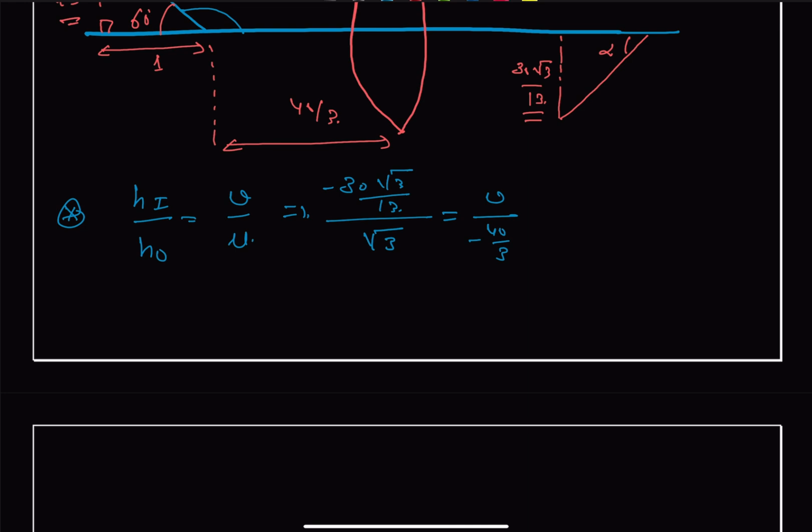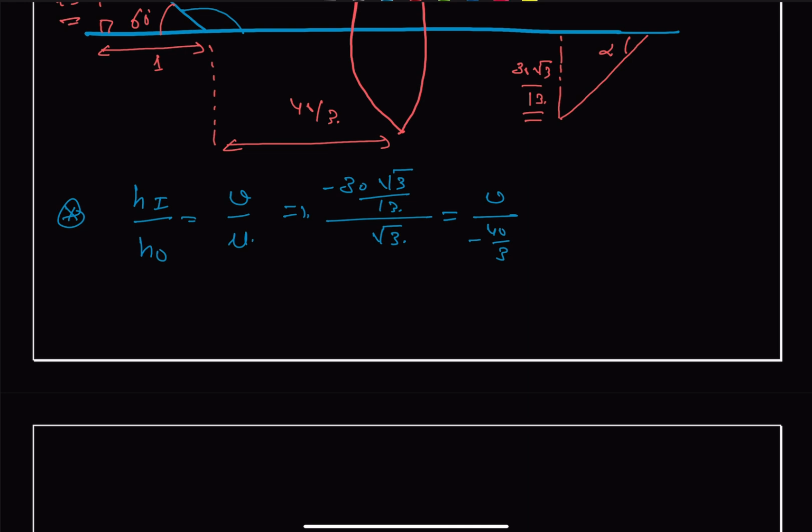And here this root 3 and root 3 go away. This is 13.